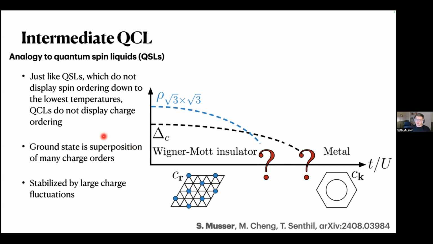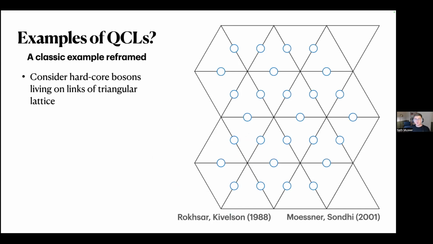And just like in the analogy to a quantum spin liquid, we can guess that the ground state is going to be a superposition of many different charge orders. It will probably be stabilized by large charge fluctuations, just like the quantum spin liquid is stabilized by large spin fluctuations. Okay, so I made that analogy, and now let me make it a little more precise by giving you an old example looked at in a new light.